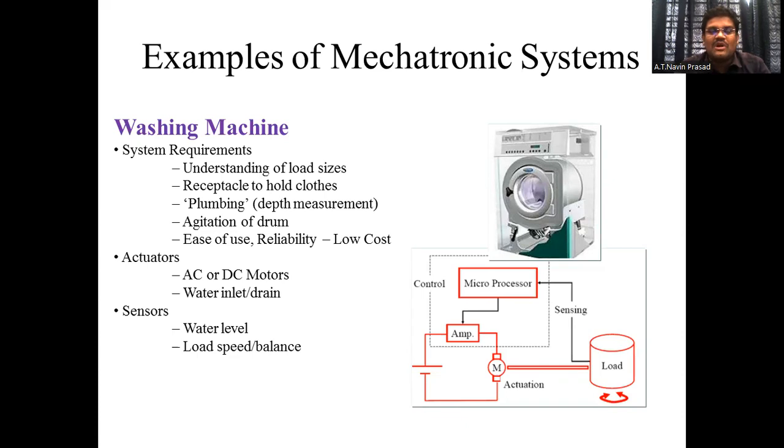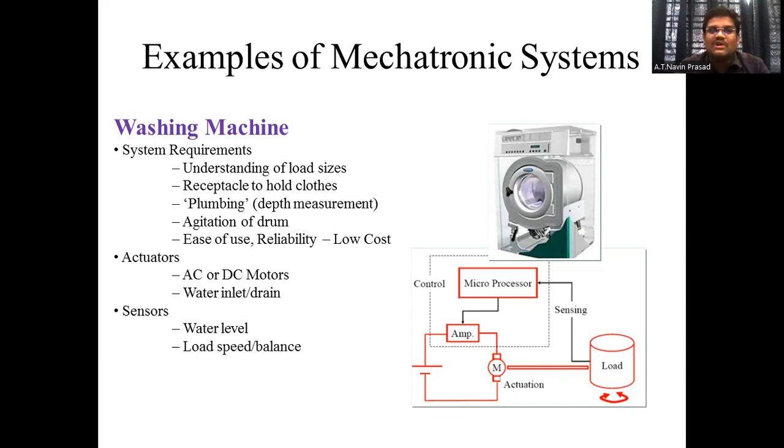If I put more cloths, for example, the capacity of the washing machine is 14 kg. If I'm using 12 kg or 13 kg of cloths, I have to fix the water level as 5. If I fix the water level at 5, the water requirement will be high. Up to the fifth level, I can fix it.